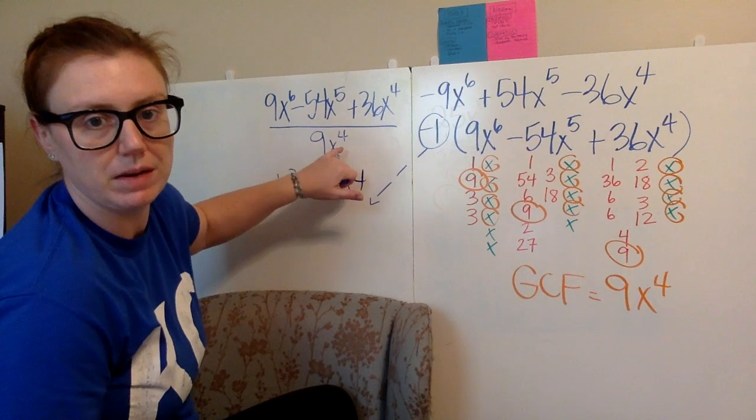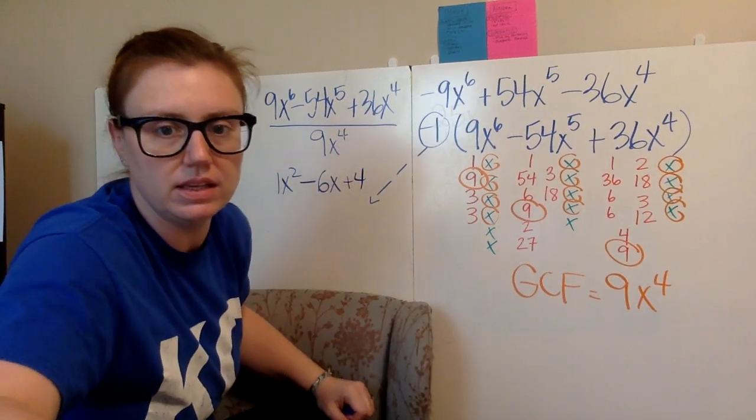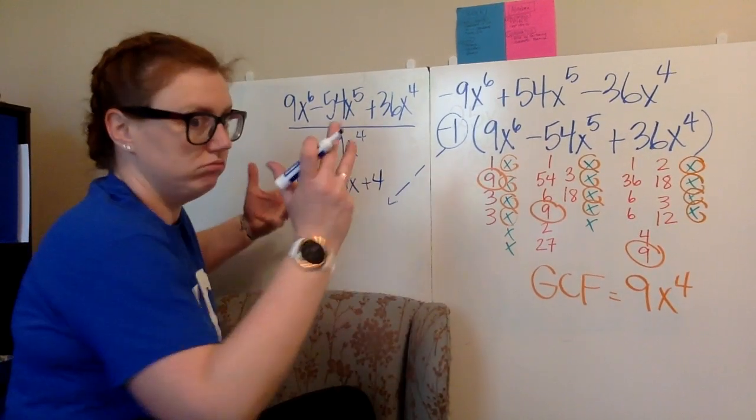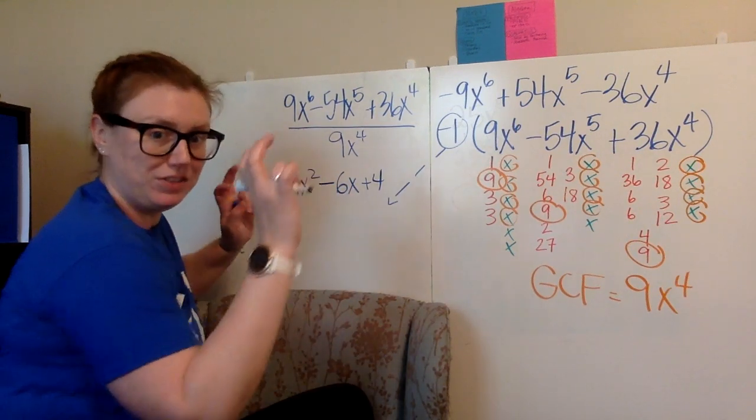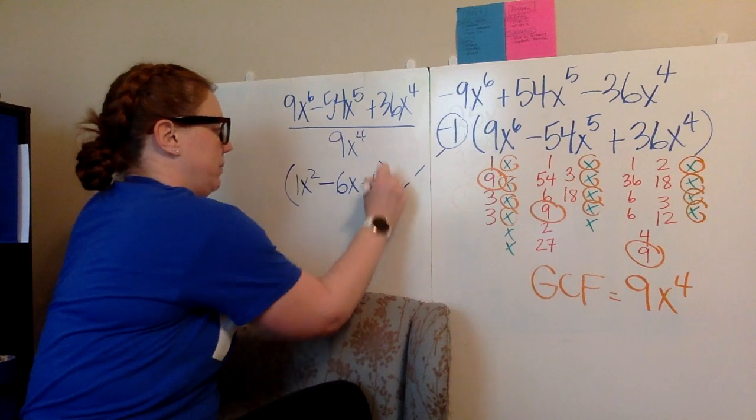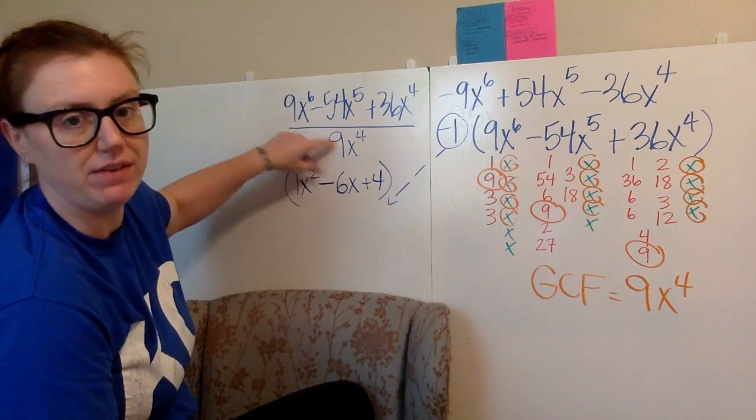And x to the 4th divided by x to the 4th is 1, which disappears. So this is my leftover, and I'm going to put my greatest common factor in front.